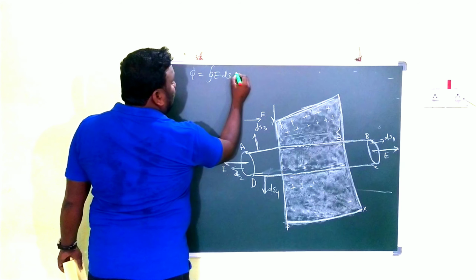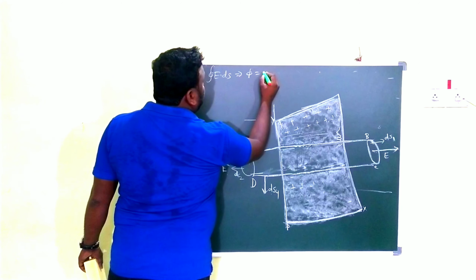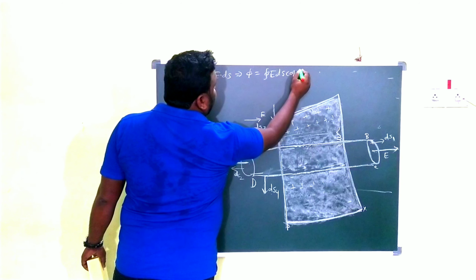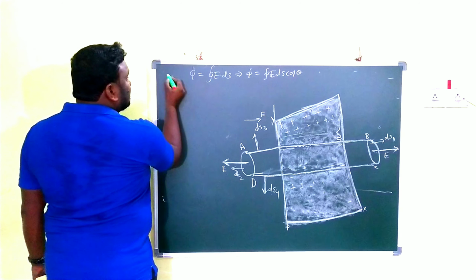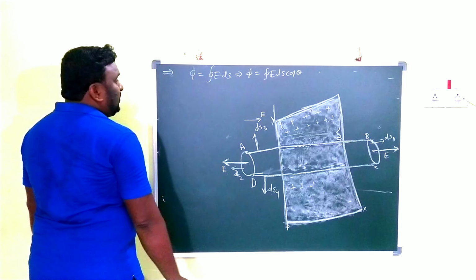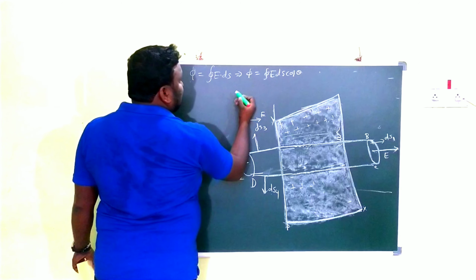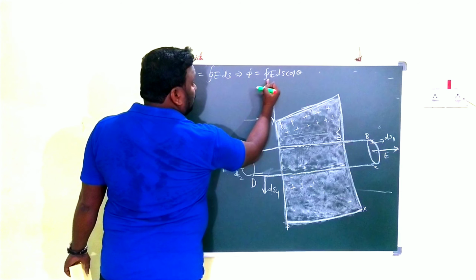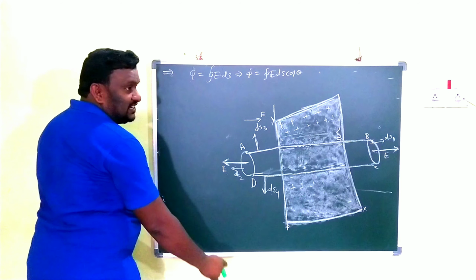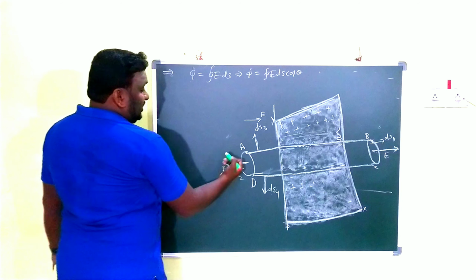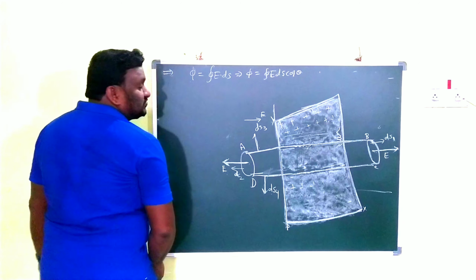So that means phi is equal to the closed integral of E ds cos theta. This is the formula to find the electric flux. Phi is equal to the closed integral E dot ds, that implies phi is equal to the closed integral E ds cos theta. Clear? So we have to apply this formula for ds1, ds2, ds3, ds4.